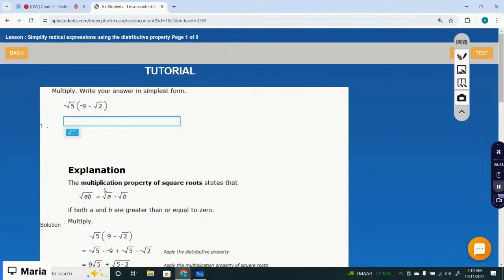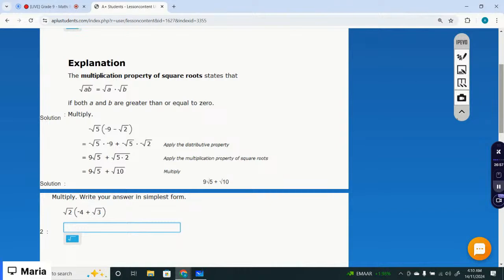Multiply negative 5 square root with both the numbers inside the bracket, that is negative 5 times negative 9 plus negative 5 times, that is 9 square root 5 plus square root 10.